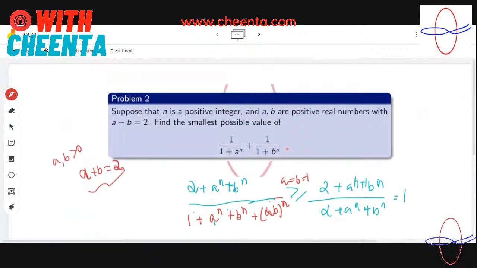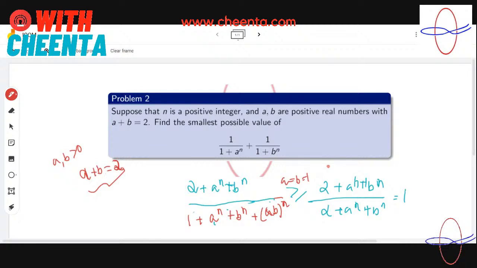Therefore, the minimum possible value is 1, right? All of you understood it, guys? Any doubts? All of you understood this problem?